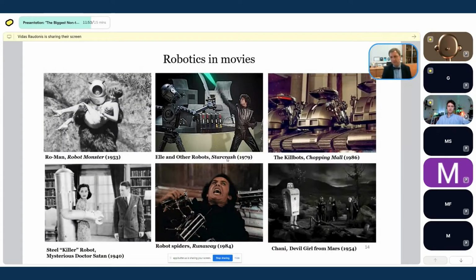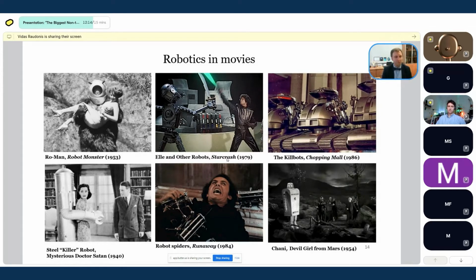And this fear, I guess, has its beginning in popular art and popular movies, which started in the early 40s and 50s with sci-fi movies.